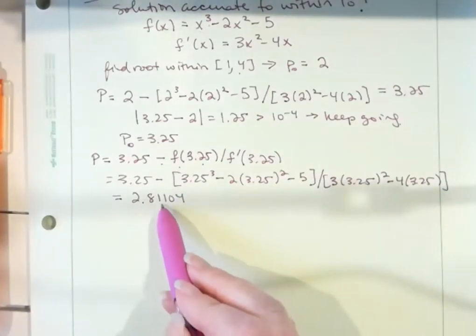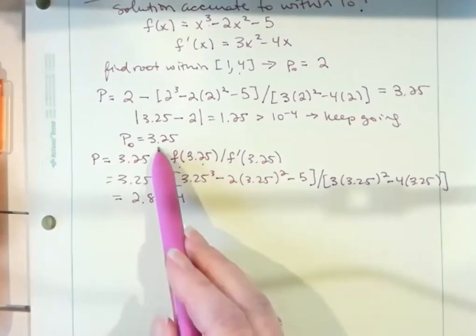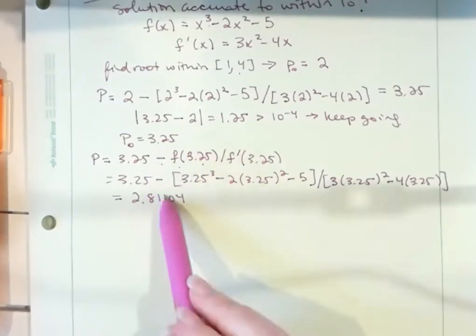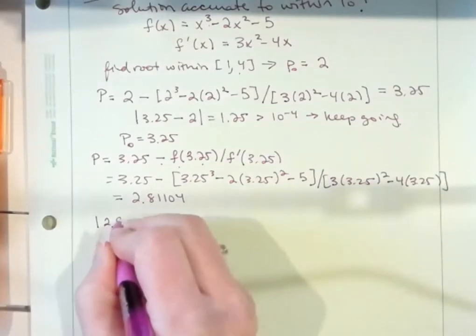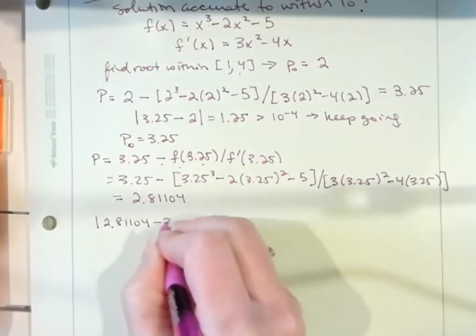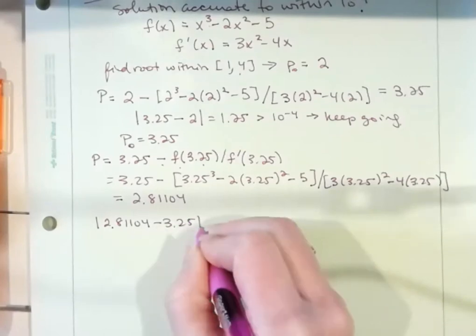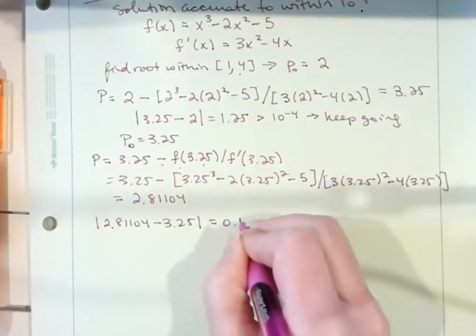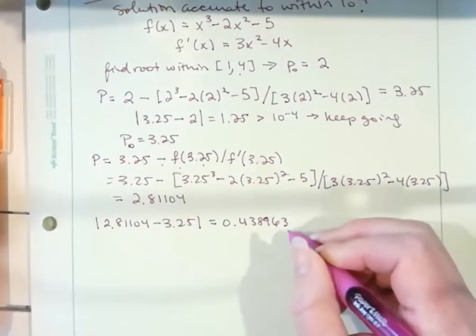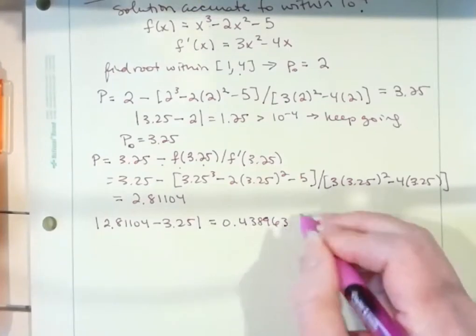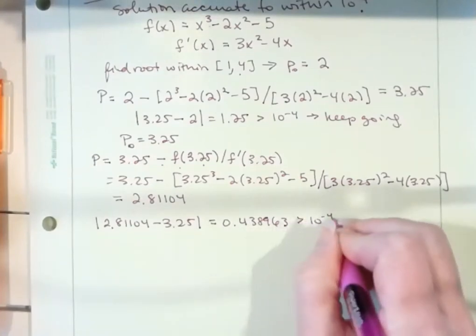So now we're going to take this new approximation and we're going to subtract it from the 3.25 because we want the difference between these two. And remember, absolute value. So now we have this, and that equals 0.438963. Now this number is still greater than the tolerance, which was 10 to the negative 4.